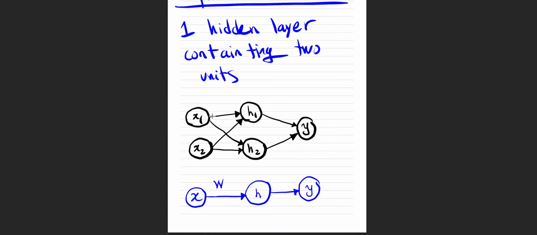We can represent this in a simpler form by calling this W a weight matrix that takes the feature vector, applies the weights, goes through this edge summarizing these two, and then goes to y.